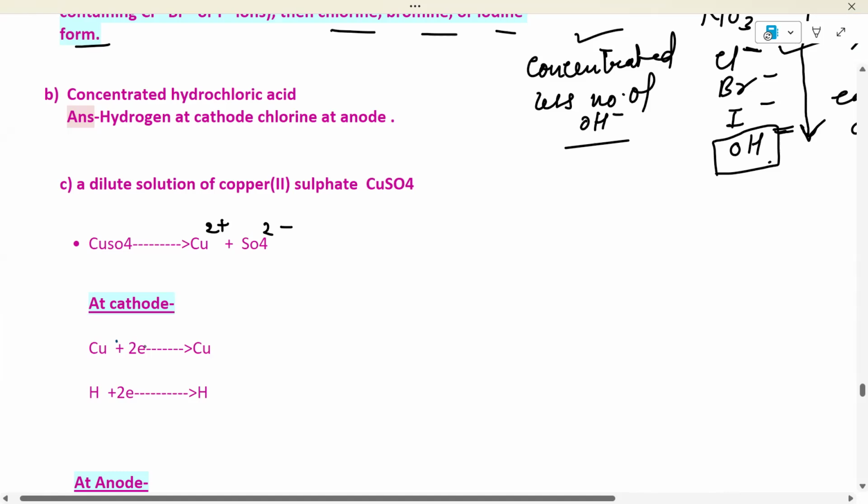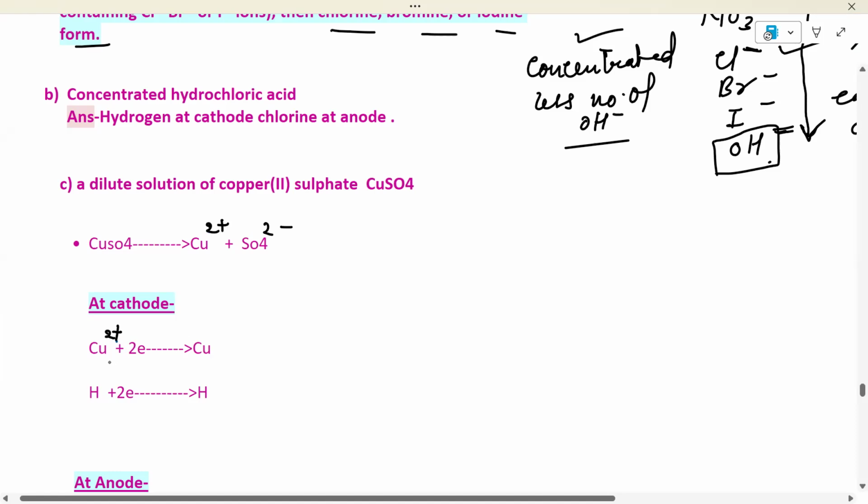Okay, let's see the ions present at cathode. At cathode, there may be the competition between copper and hydrogen, right? Let's see the ionic equation at cathode.